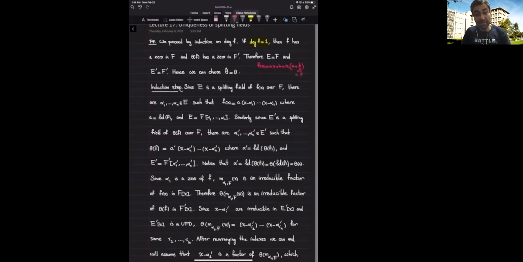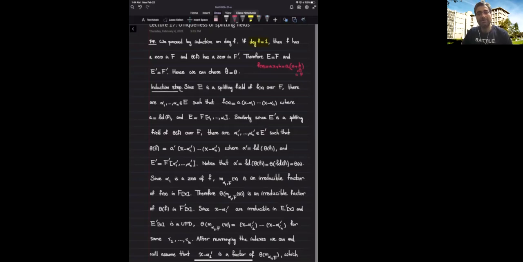So altogether, this observation implies that F is the only splitting field of this polynomial of degree 1 over F, because I don't need to add anything to F. The zero of this polynomial of degree 1 is already inside the field capital F. Now, because f is of degree 1, theta of f is of degree 1, and therefore the splitting field of theta of f is again F prime.